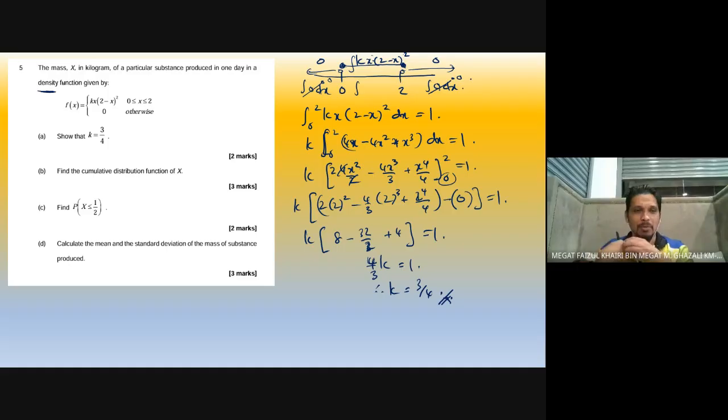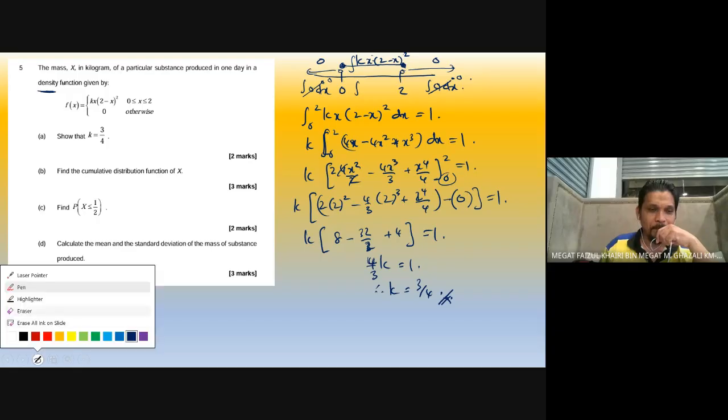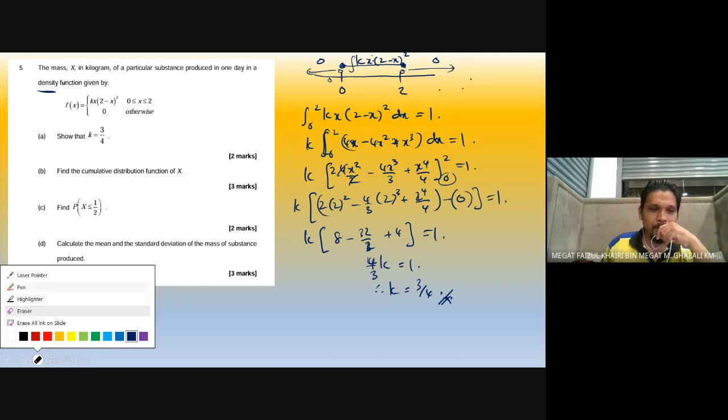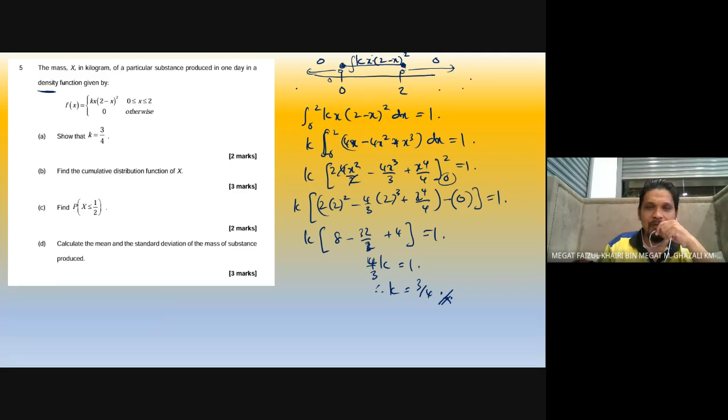Okay, so find the cumulative distribution function of f(x). From negative infinity until 0, the integral of 0 dx from negative infinity until x is equal to 0 for x less than 0.